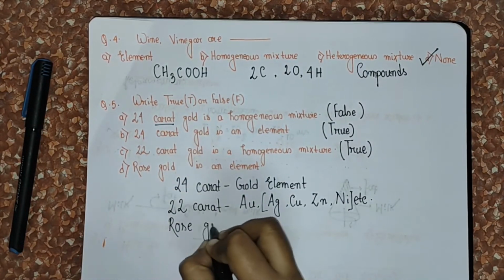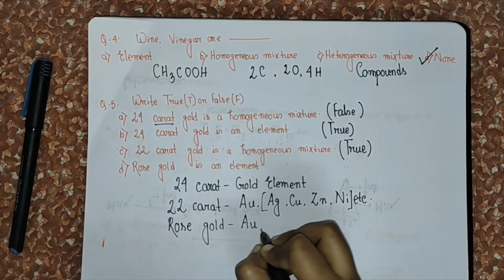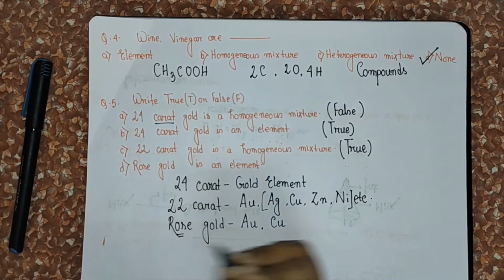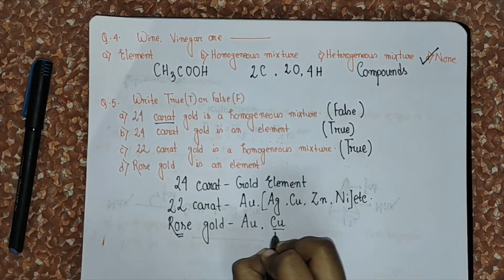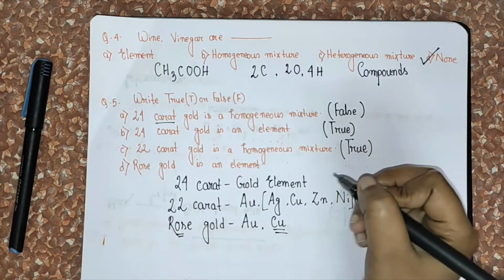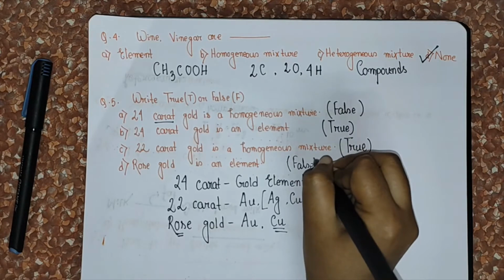Because along with gold, that means Au, some copper is also present, and the rose color appears due to the presence of this copper. So rose gold is not an element. This is again a mixture. So this statement is again false.